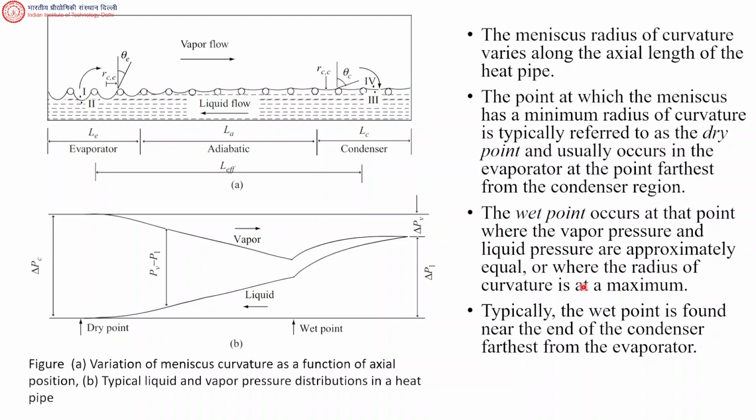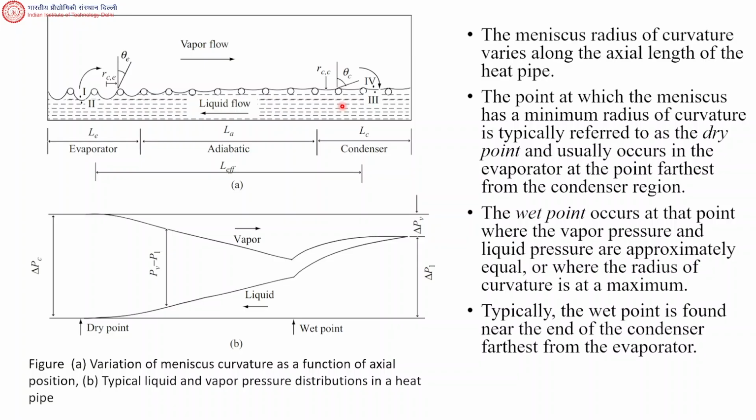That is kind of the wet point. So wet point is where the vapor pressure and the liquid pressure are approximately equal. The difference between the vapor pressure and the liquid pressure is indicated by the radius of curvature.